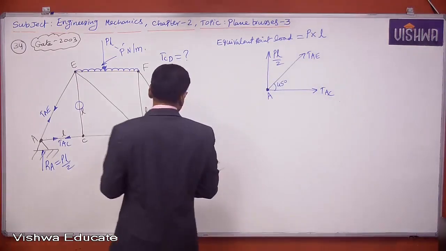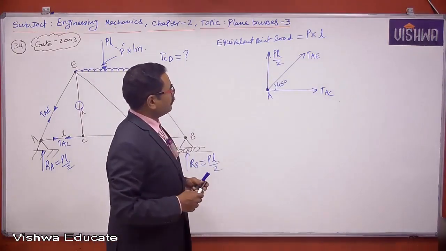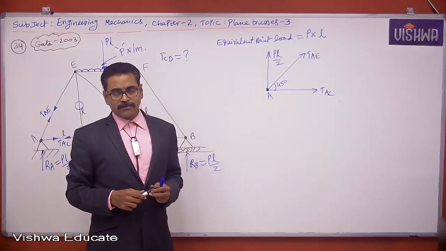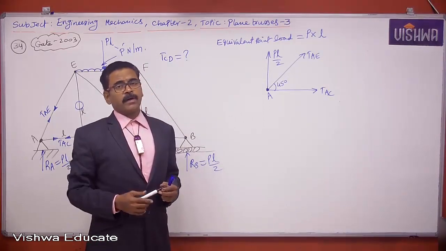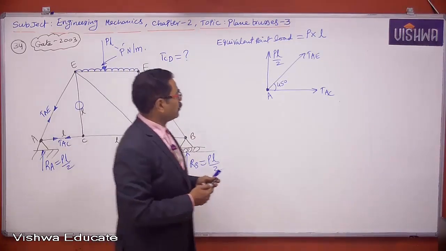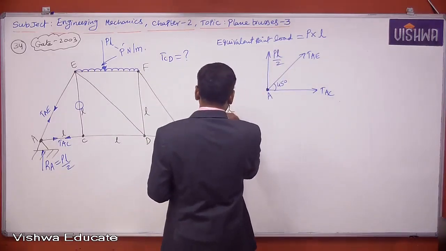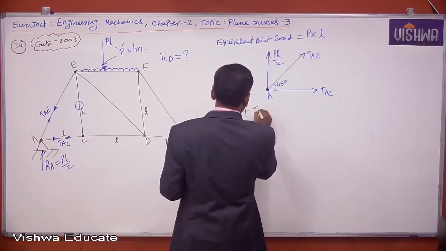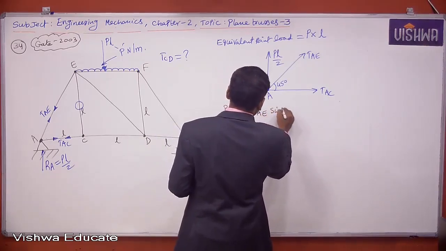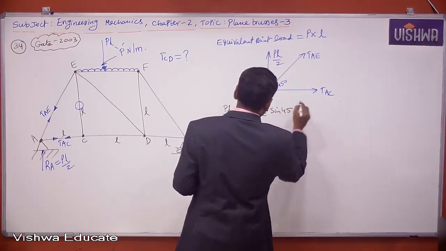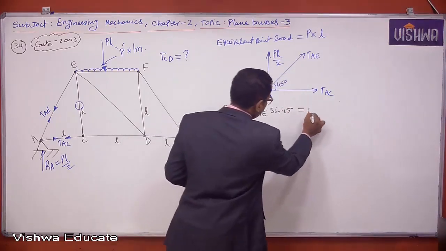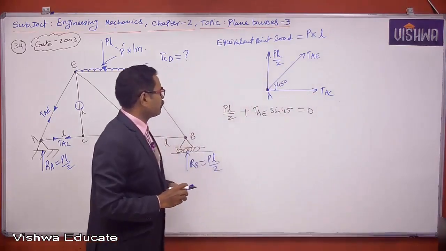Since joint A is in equilibrium, sum of rightward components equals sum of leftward components, and sum of upward components equals sum of downward components. Sum of upward components: PL by 2 plus TAE sin 45 equals sum of downward components, which is 0.